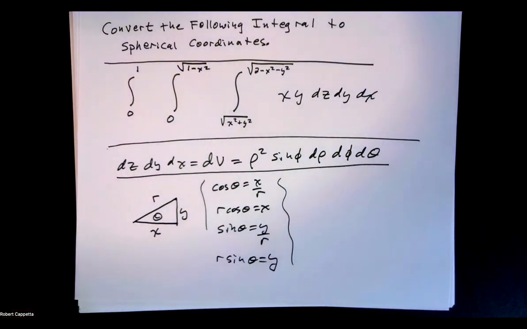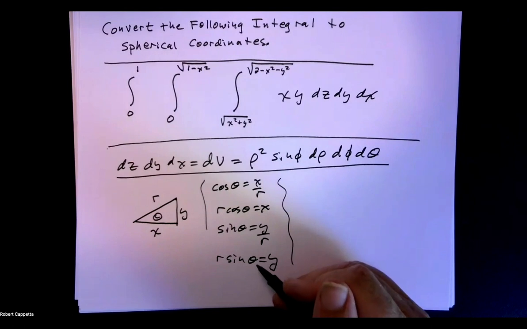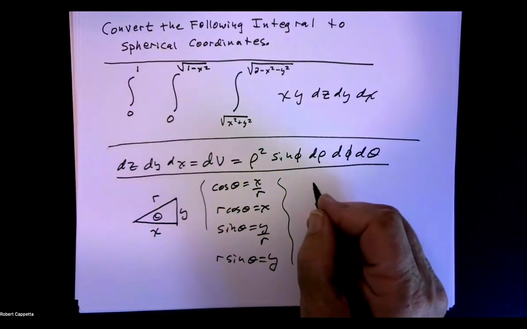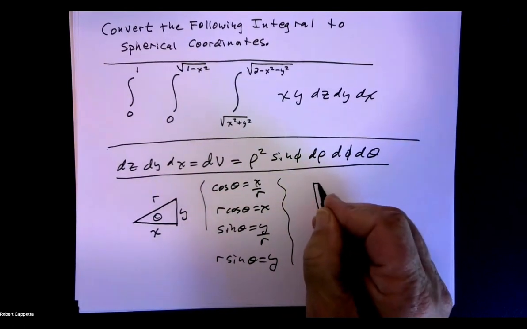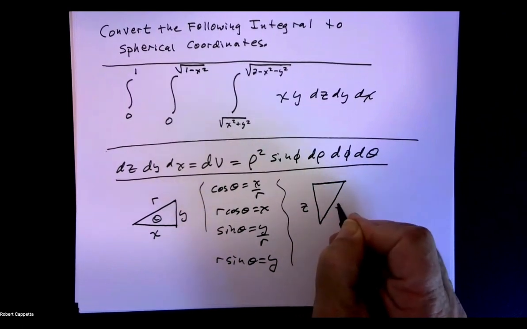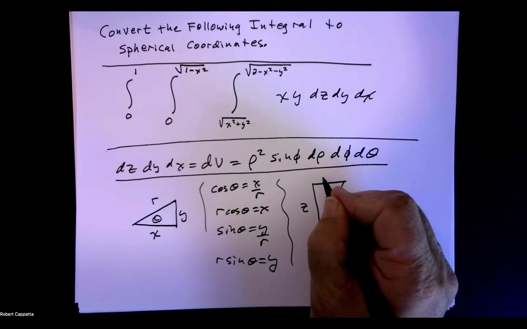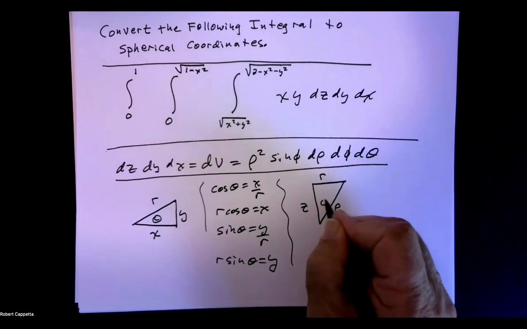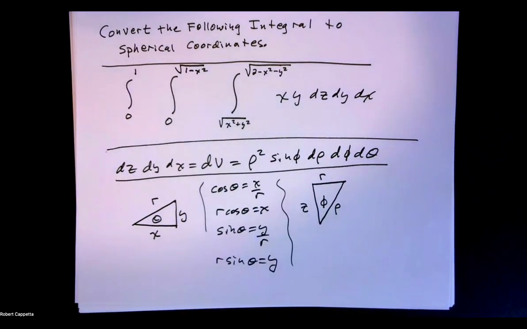So we have both x and y in terms of r, but that's not quite enough because I need it to be rho, theta, and phi. I have theta, I don't have r. But then I need my other triangle to convert. Here's z, here's rho, here's r, and here's phi.